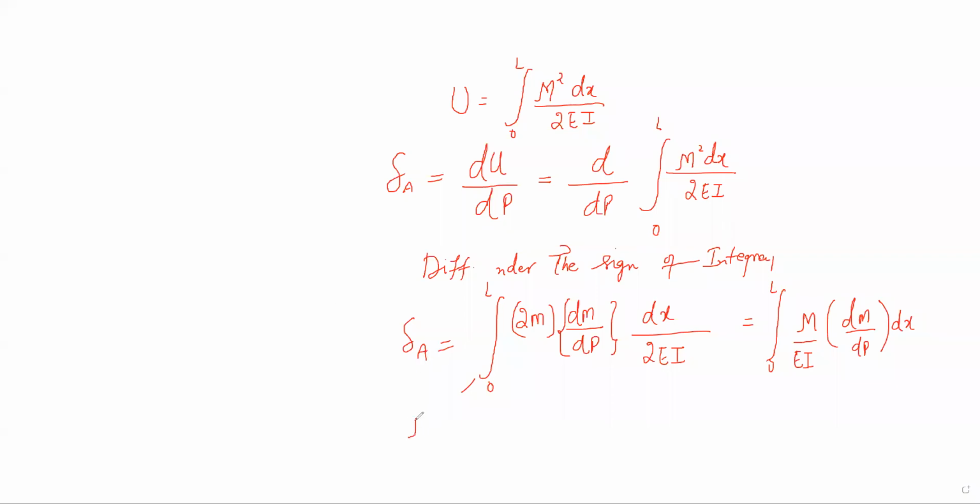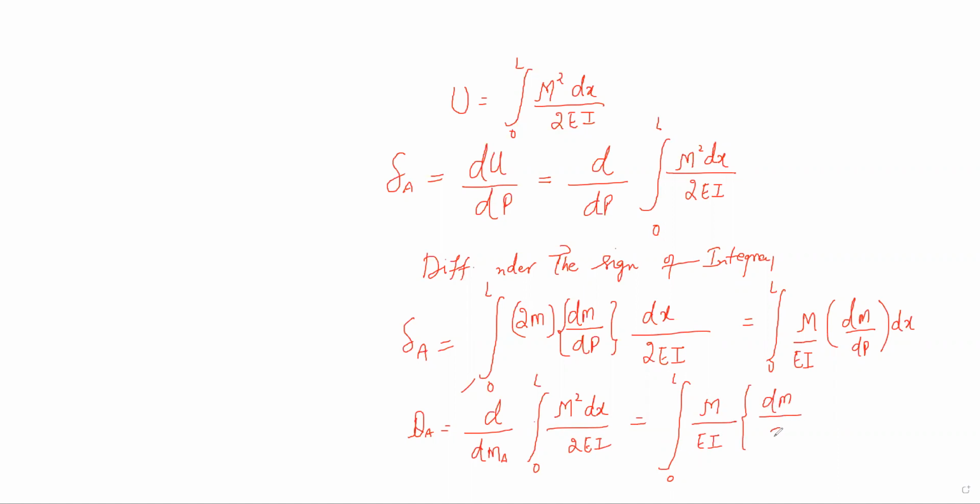We can also calculate the slope at point A by taking d by dM acting at point A, let me call this dMA, of the integral from 0 to L of M square dx by 2EI. That comes out equal to the integral from 0 to L of M by EI, dM by dMA, dx.